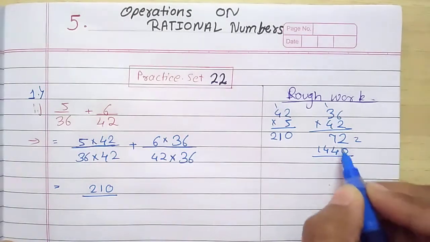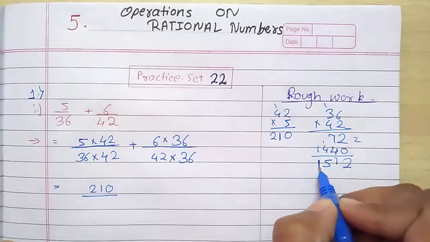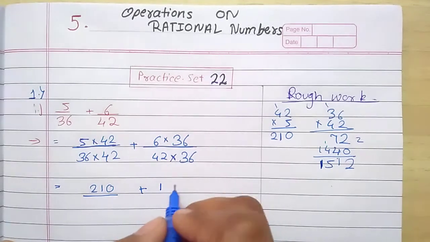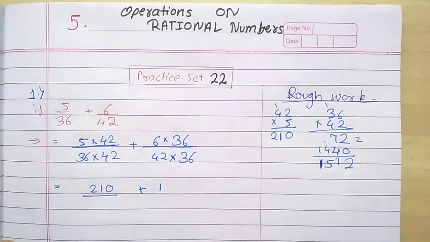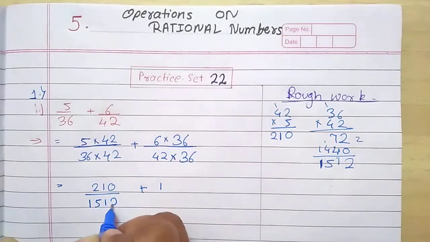Add here: 2, 7, then 8, 9, 10, 11. Note it down, it will come 1512.